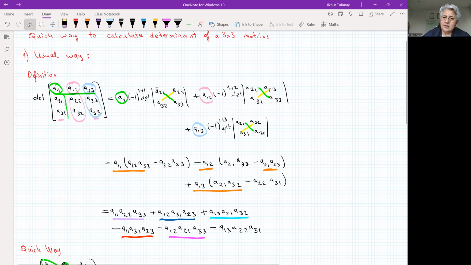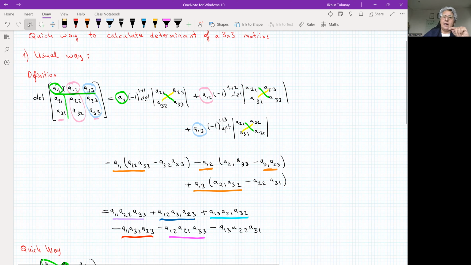This one is called the main diagonal, and this one is called the opposite diagonal. It doesn't matter where it's coming from. The main diagonal is the green one, and the opposite diagonal is the yellow one for this bit.